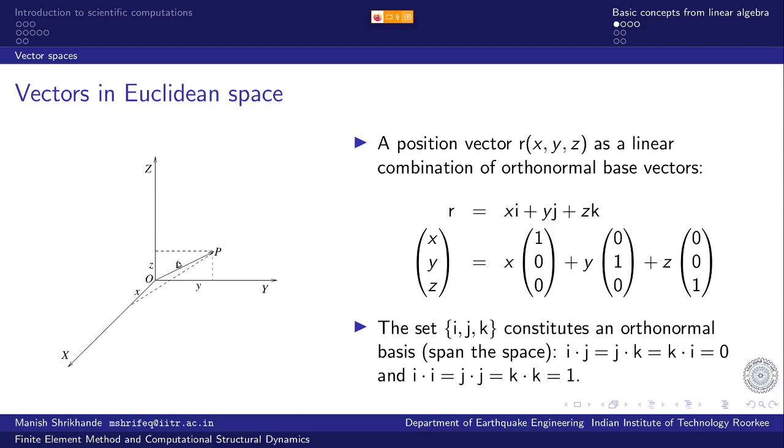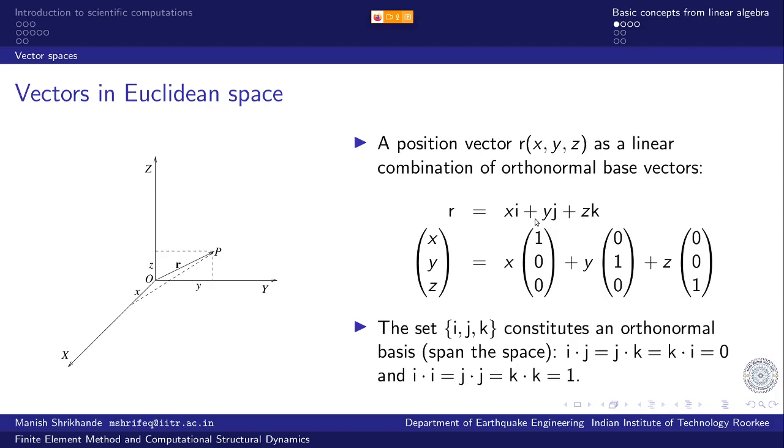So position vector r, any point in this three-dimensional space, can be represented as a linear combination of i, j and k.